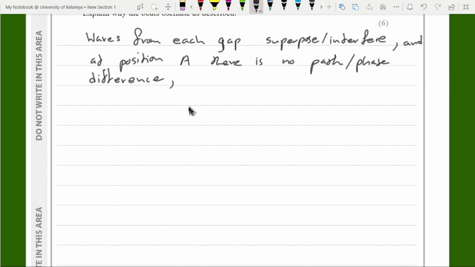So I'm writing: at position A there is no path or phase difference, so there is constructive interference, leading to larger amplitude oscillation.